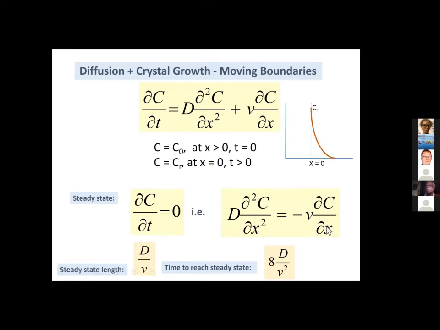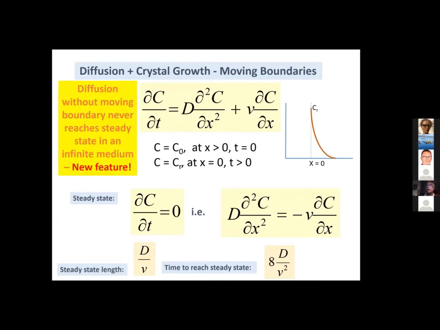Now, that is something that can happen. And you saw that happen. You saw that, sort of a straight gradient came up, which doesn't seem to change much with time. And that is a new feature of a system where you have growth and dissolution with diffusion. You can reach a steady state, and then you have lost all information on time.